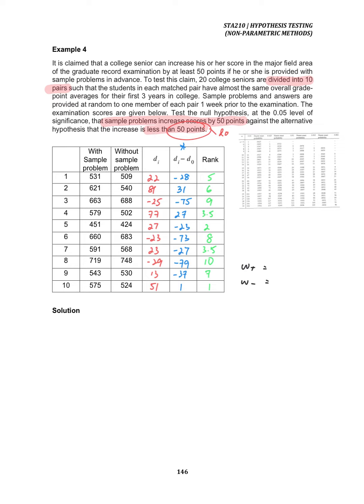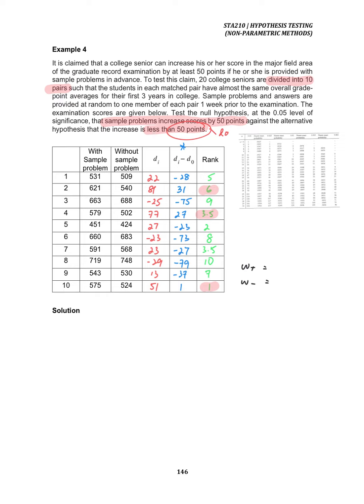So for W plus, kita akan cari yang positive difference lah. So this one, 6, 3.5, and also 1. So we add up, kita akan dapat 10.5.